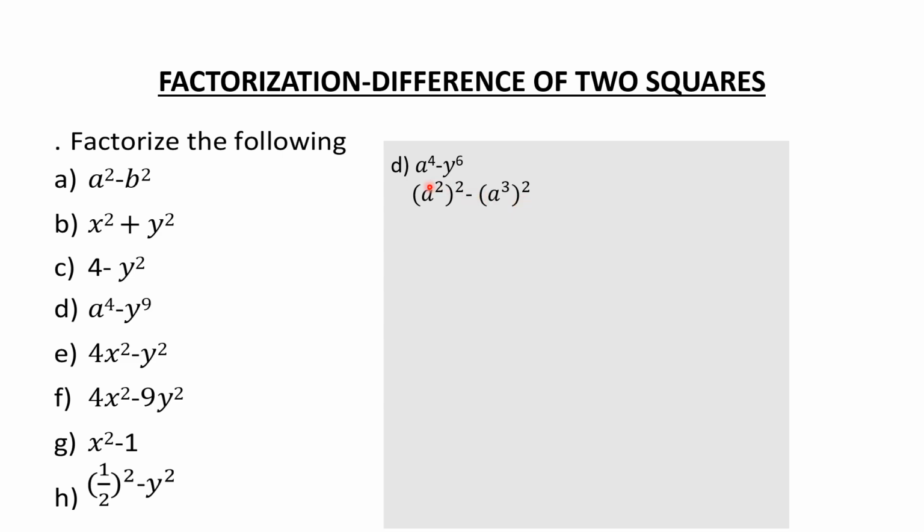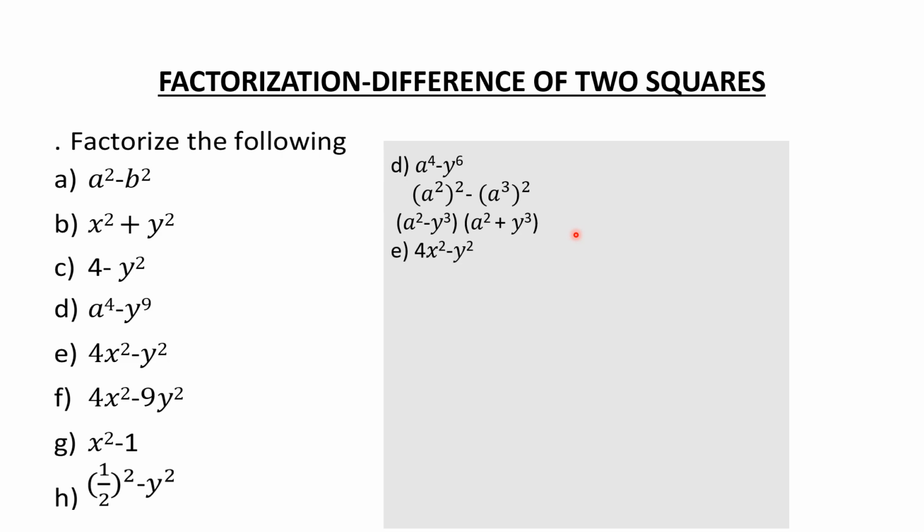So you write a power 4 in terms of its square root and y power 6 in terms of its square root. The square root of a power 4 is a power 2, and the square root of y power 6 is y power 3. The power 2's, you always write them outside. And finally, we can do this now. We write without the power 2's. So this becomes a power 2 minus y power 3, and this one becomes a power 2 plus y power 3.